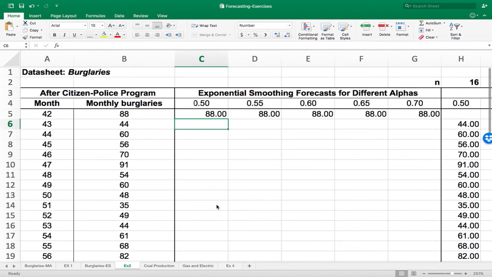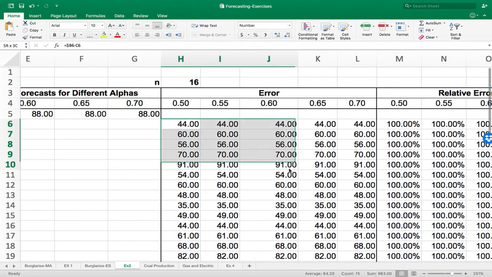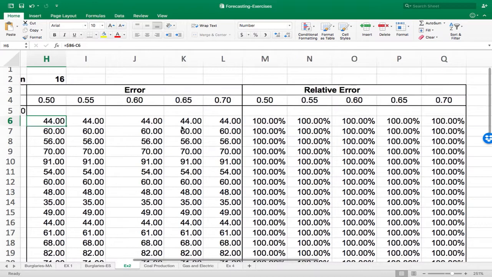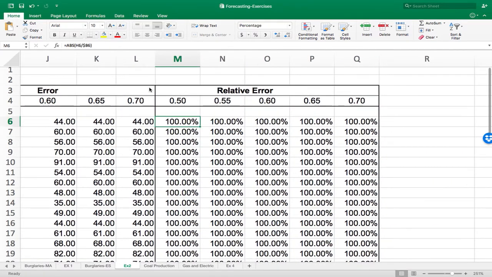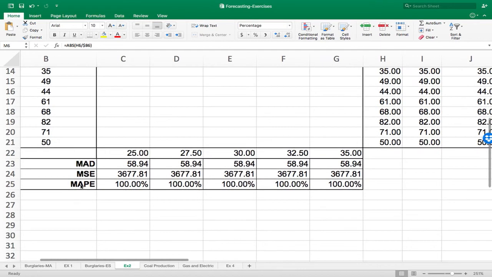Okay, I already provided the template for you here. These are going to be your exponential smoothing constants. As you can see, your error values are going to be automatically updated. It's just the difference between the actual observation and the forecast. And this relative error measure is going to help us calculate this MAPE error value.